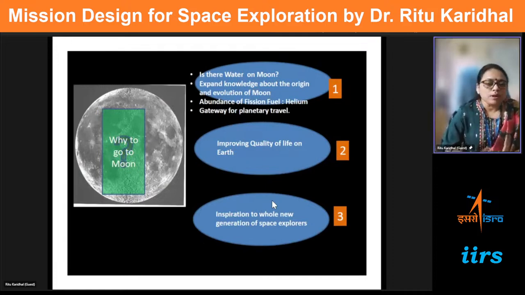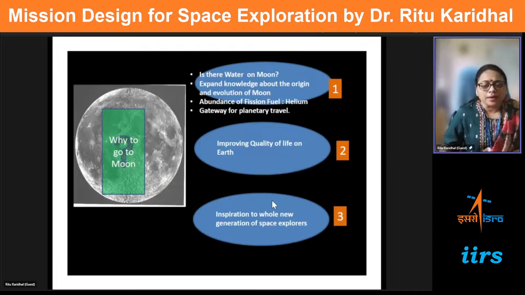So first, let us talk about the moon. Why should we go to the moon? Actually speaking, there are many unanswered questions still about the moon. Earlier, before we launched Chandrayaan 1, there was a question of whether there is water on the moon. Also, some of the lunar rock samples brought by the Apollo mission indicated an abundance of helium on the moon.